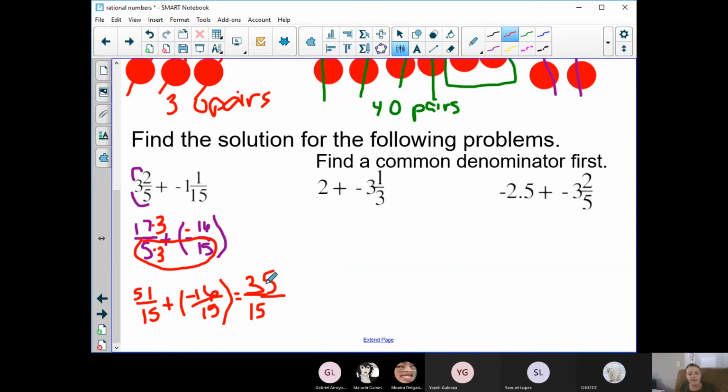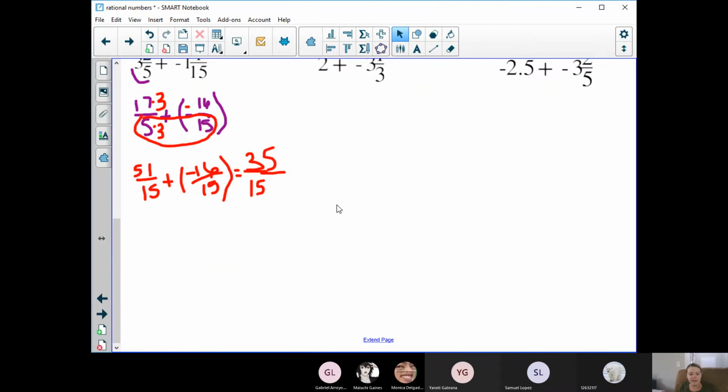Okay. And if I simplify this down, I would ask myself, how many times does 15 go into 35? And I know that's going to be 2. And it's going to leave me 5 fifteenths. And 5 fifteenths, if I simplify that, would be, not 1/2, 1/3.